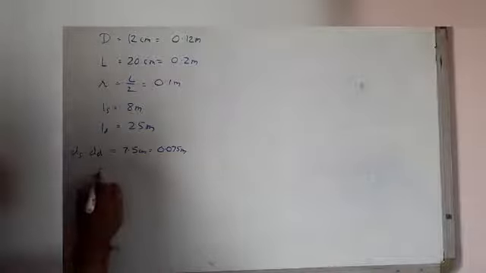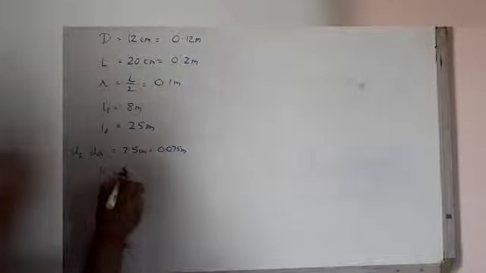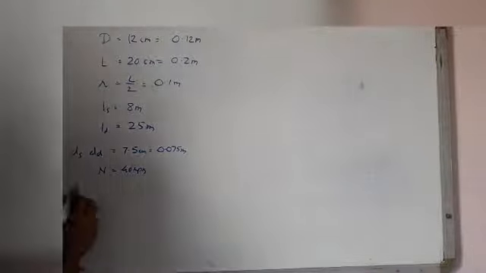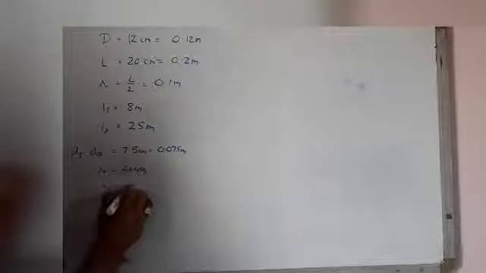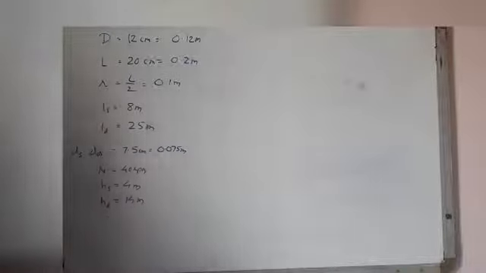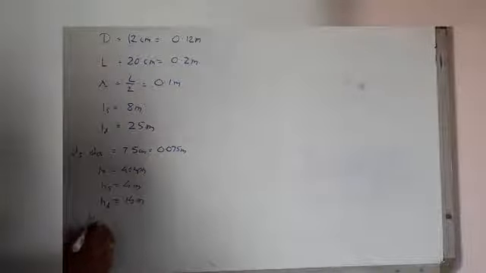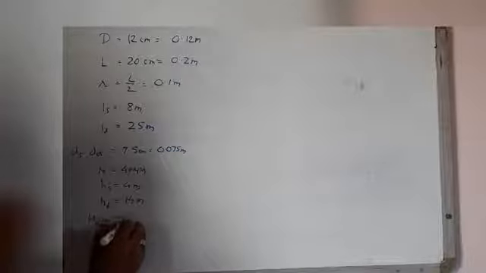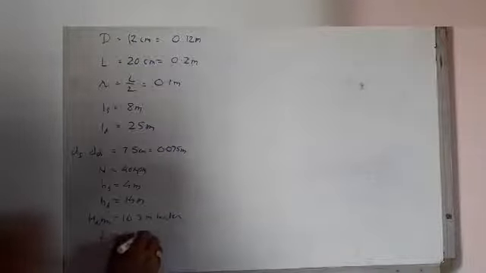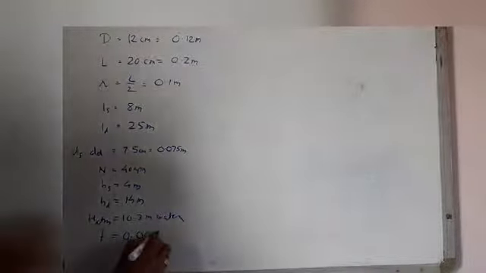Speed N equal to 40 rpm. Suction head HS is given 4 meter and delivery head HD is given 14 meter. Atmospheric pressure head H atmospheric equal to 10.3 meter of water, and coefficient of friction is given 0.009.